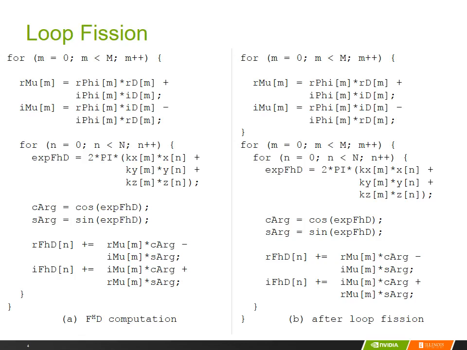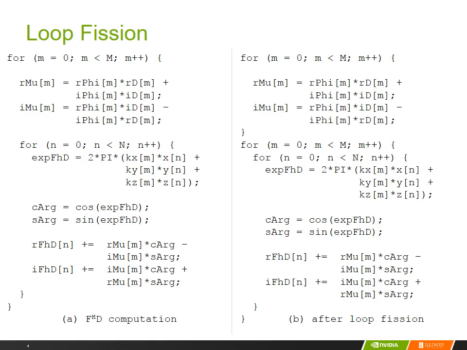This separation of the outer loop body cannot be done all the time. It can only be applied to an outer loop body where the first part does not depend on the execution result of a previous iteration of the outer loop from the second part of the loop.